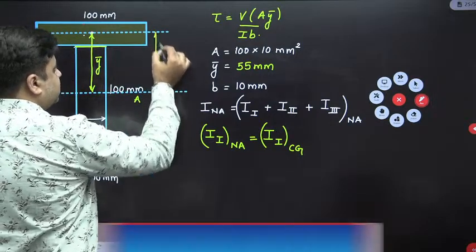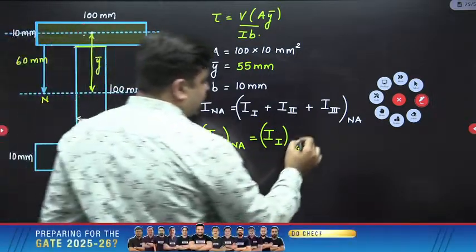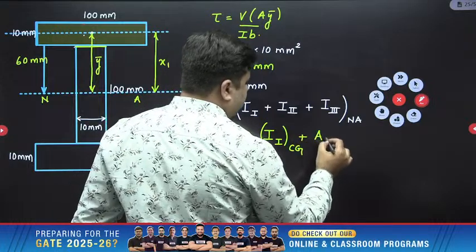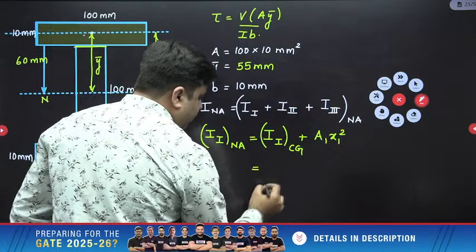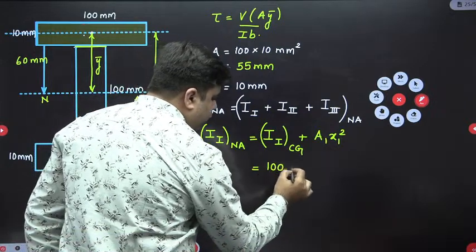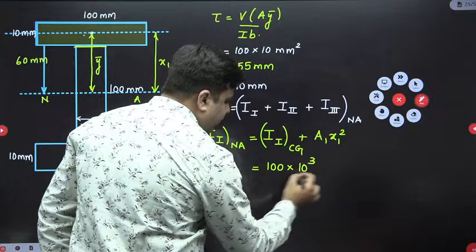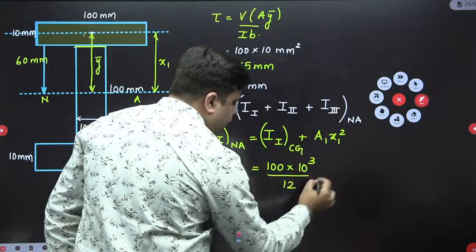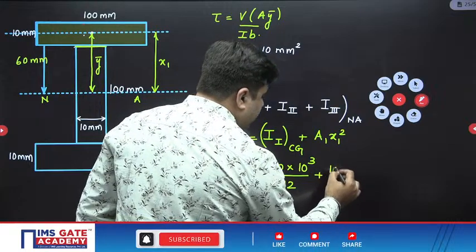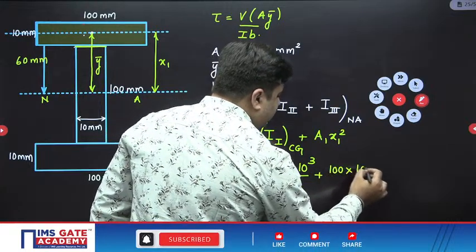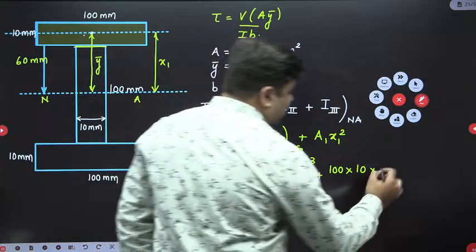This distance is x1. Parallel axis theorem. Substitute all the values: 100 into 10 cube divided by 12 plus A1 into x1 square. A1 is 100 into 10 and x1 will be 55 square.